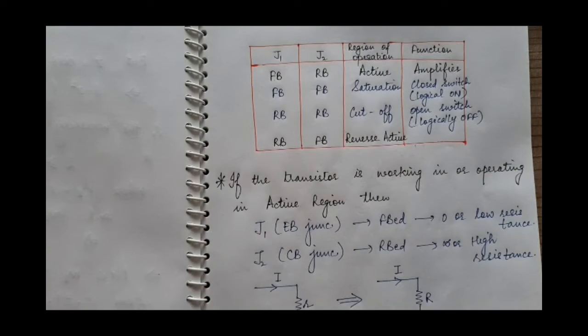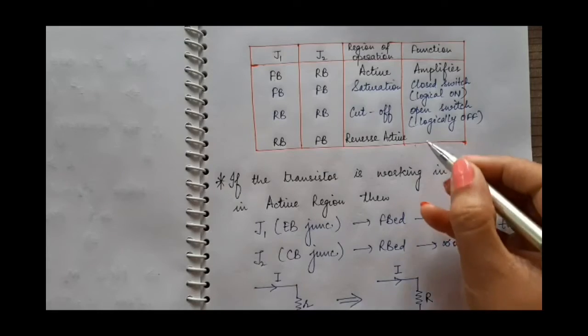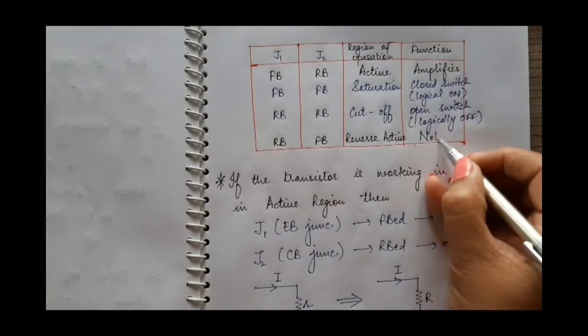And at that time, how will it work? It will work exactly opposite to that of the active region, and the gain in this region is very small. That is why it is not used.